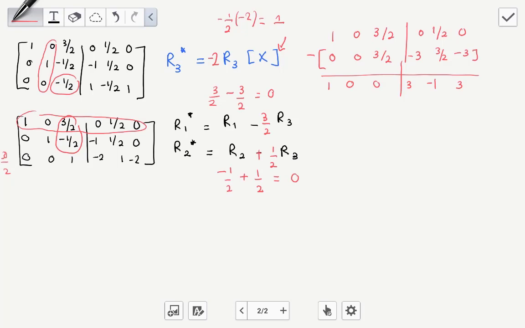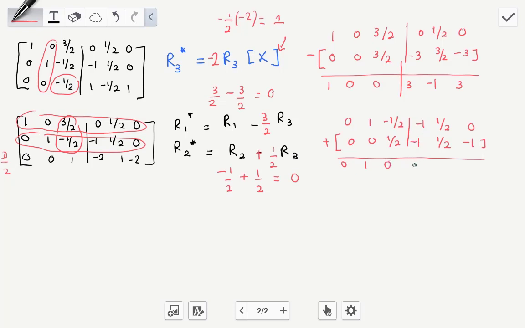Okay, next we're going to look at R2. Okay, now this is your R2. Copy your R2, 0, 1, negative 1 over 2, negative 1, 1 over 2, 0. We're going to plus with 1 over 2 multiply R3. So 1 over 2 multiply 0, 0, 1 over 2. 1 over 2 multiply negative 2 will give us negative 1, 1 over 2, negative 1. And you're going to plus. So 0, 1, 0.